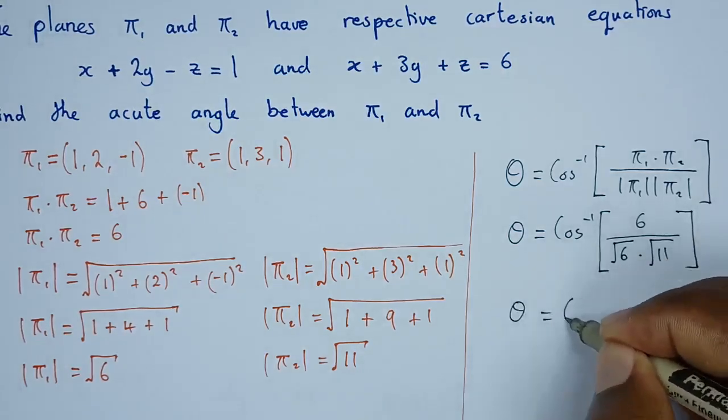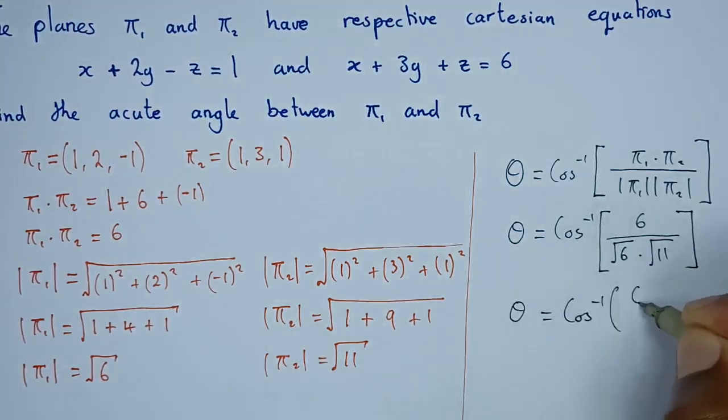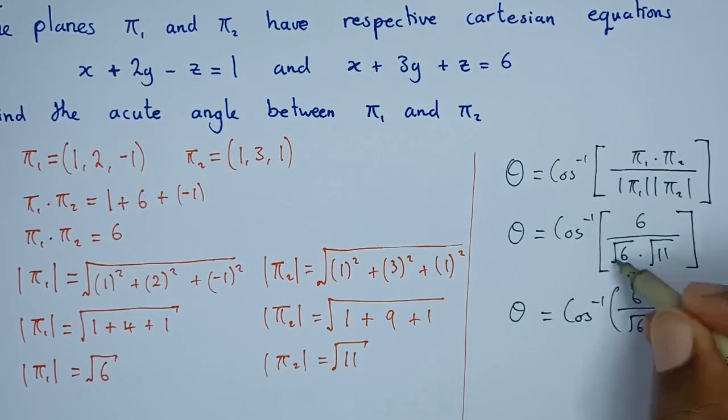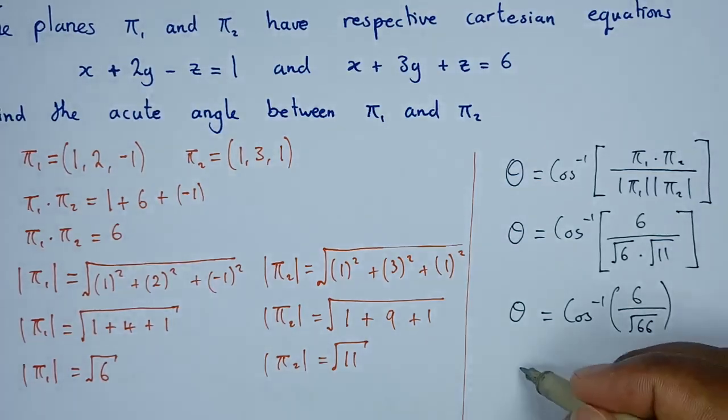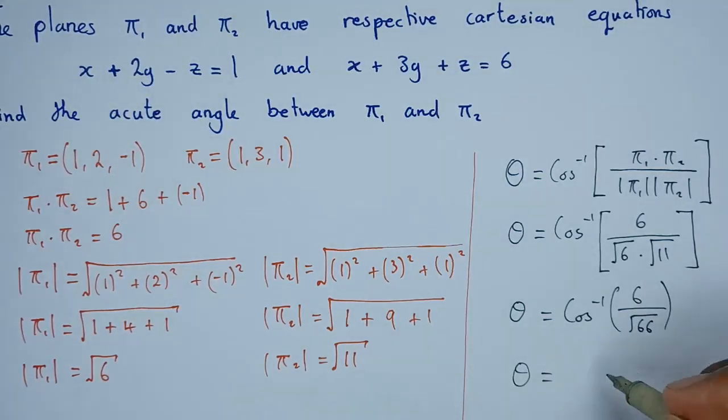So theta is equal to the cos inverse of 6 divided by root 66. If you multiply these two, we just get root 66. So if we find the cos inverse of this, we'll see that the value of theta in this case will be equal to 42.4 degrees. So this is the acute angle between the two. Okay.